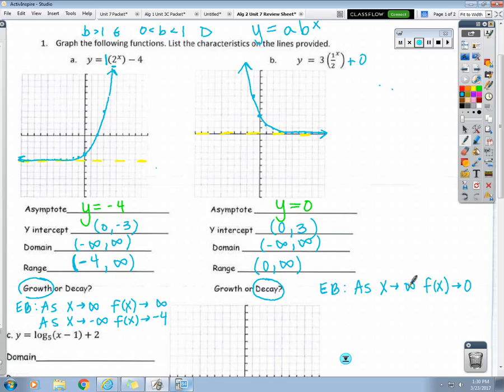As you go to the right, you go to the asymptote. And as x approaches -infinity, f of x approaches positive infinity. As you go left, you go up. Any questions so far? Okay, can I move on?